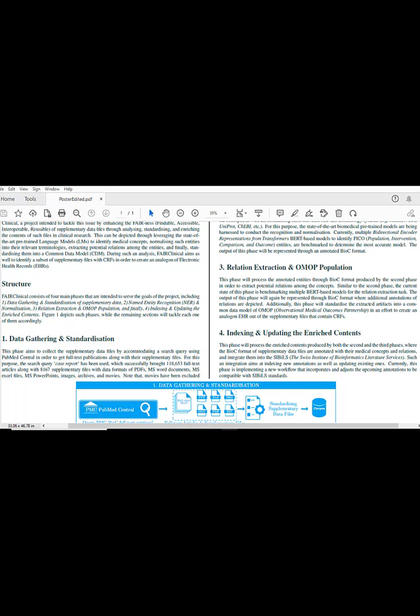Then they are going to integrate, update, and index the new content into their SIB literature services. They are currently developing a new framework that is able to handle different annotation structures and digest them in a unique and uniform, compatible way.